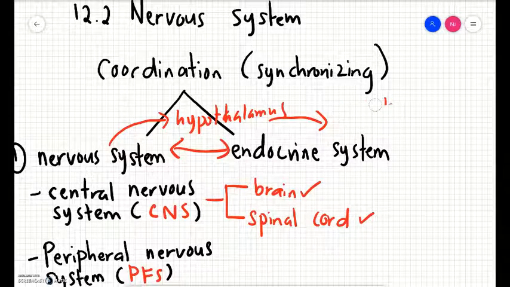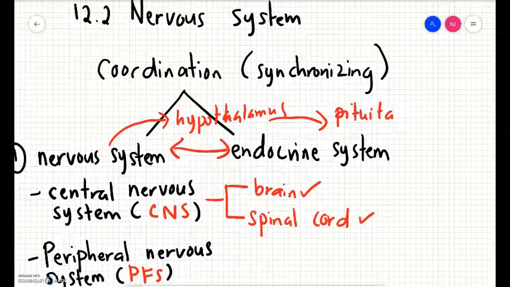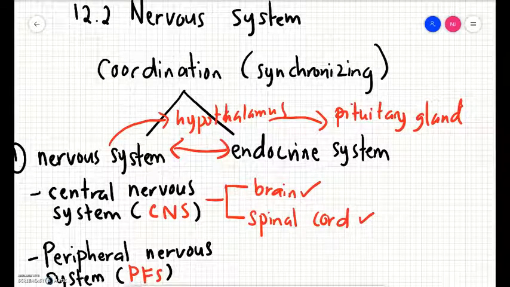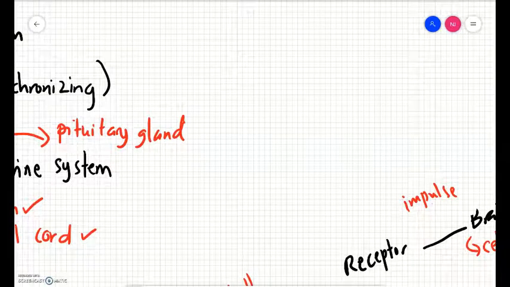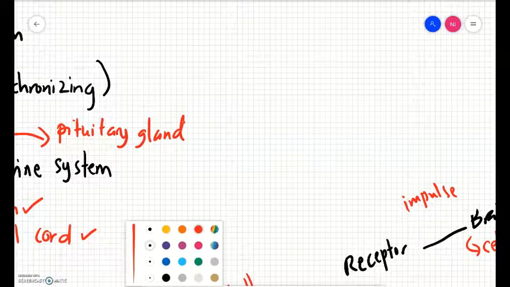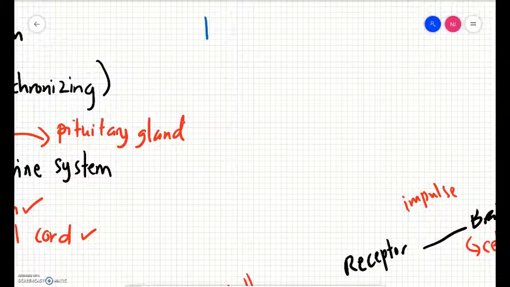Sorry for the typo, pituitary gland. Okay, pituitary gland is under endocrine system. Boleh nampak? Sebagai contoh, kita tengok satu contoh di sini. This is our nervous system.